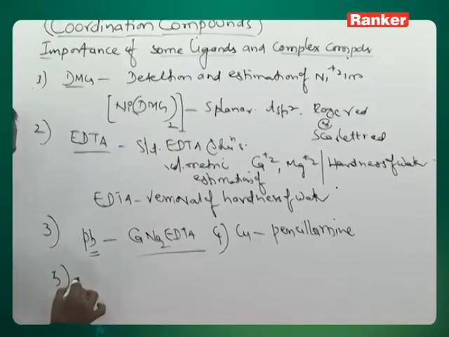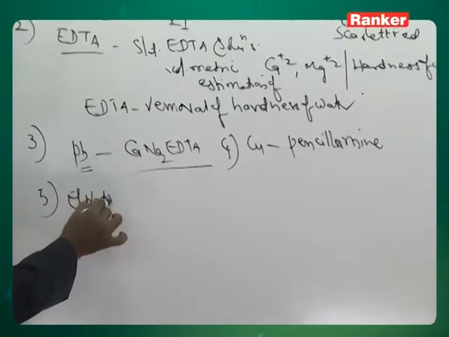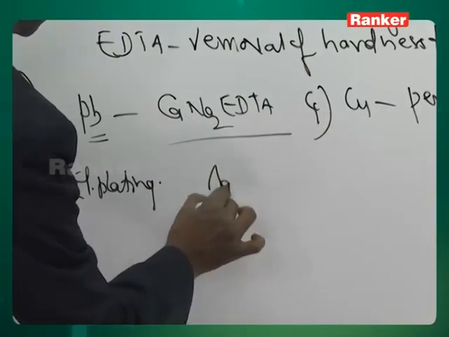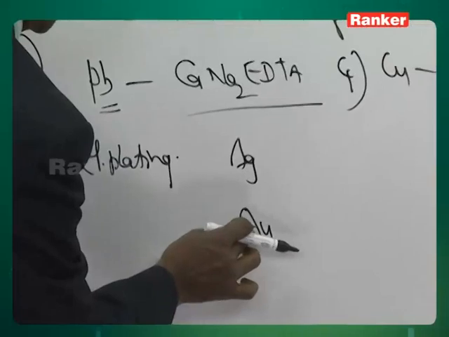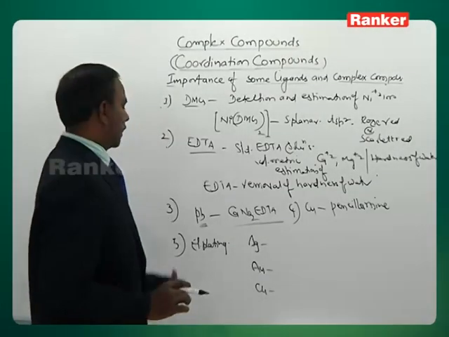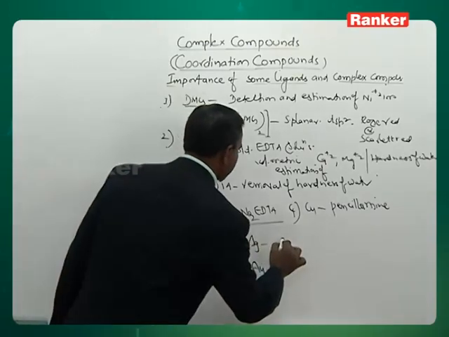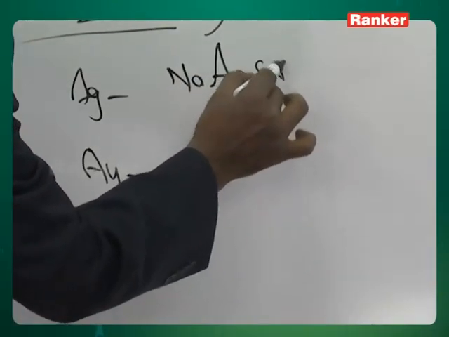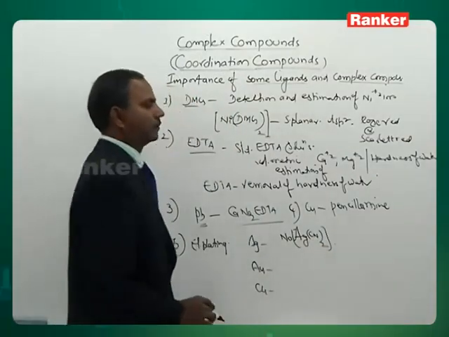Next, in electroplating: electroplating of silver, electroplating of gold, electroplating of copper. For these we use particular complexes. Na[Ag(CN)2] is used for the electroplating of silver.